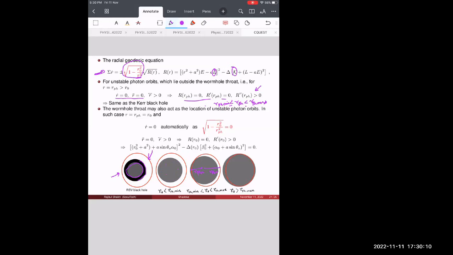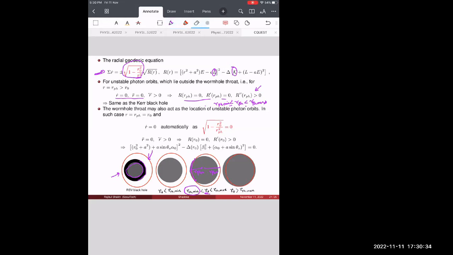Now if R_PH min, the minimum unstable circular orbit radius of the exterior Kerr geometry, is less than the wormhole throat, then this part of the unstable circular orbit radius becomes irrelevant, because the minimum allowed radius is R naught.